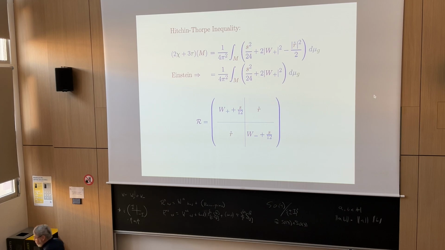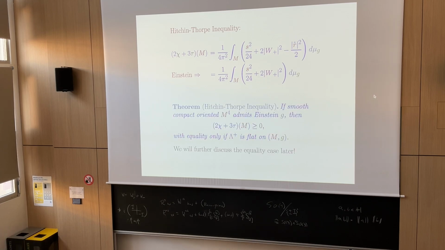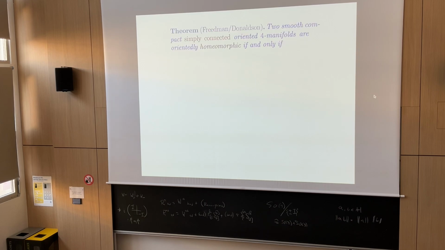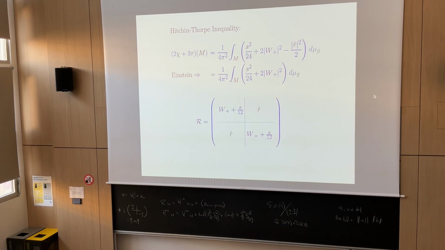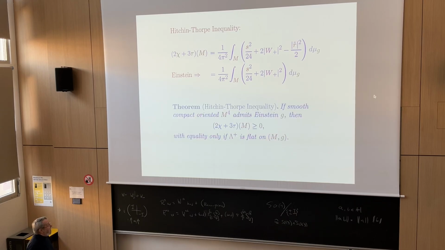When you look at this decomposition of the curvature, it turns out that the first column corresponds to the curvature of lambda plus, and the second really corresponds to the curvature of lambda minus. And so if we know just that W plus and S and R0 are 0, then we would have a connection for which lambda plus was actually flat.